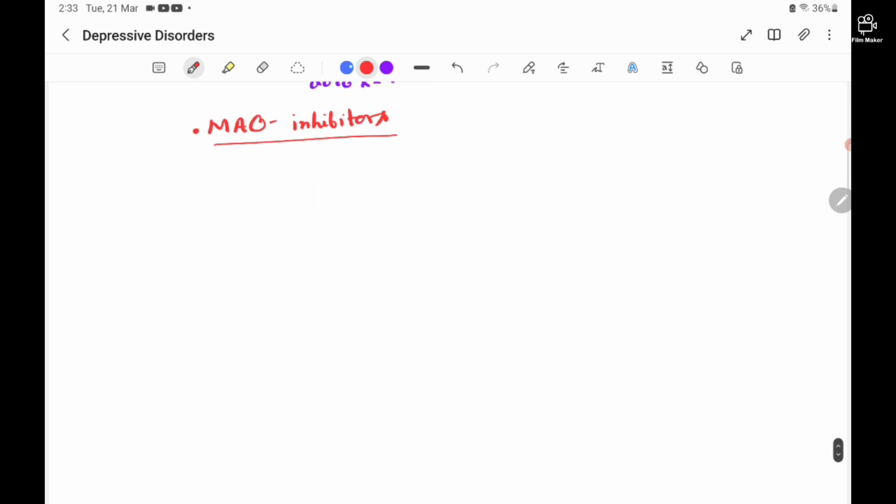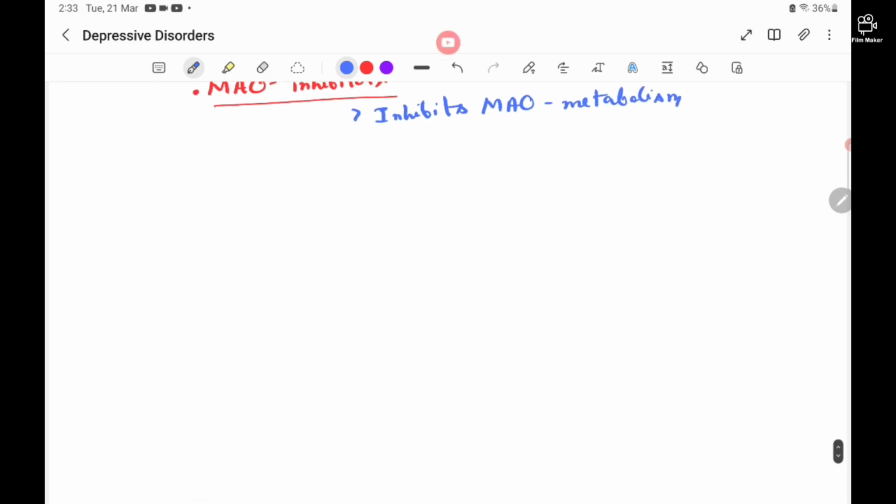What it does is it inhibits MAO, or monoamine oxidase, metabolism. Now in the MAO there are two types.